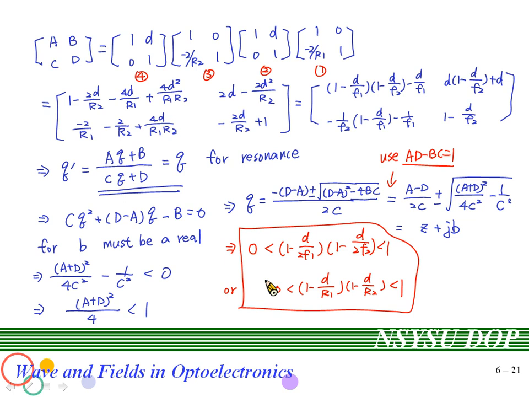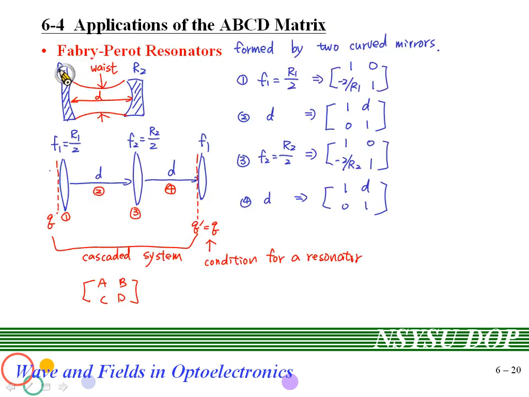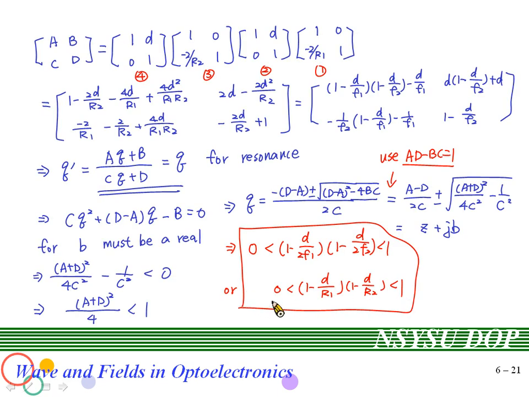But if they do not satisfy this condition, then you cannot. So these three parameters should satisfy this condition. Okay? This is an example of the application of the ABCD matrix.